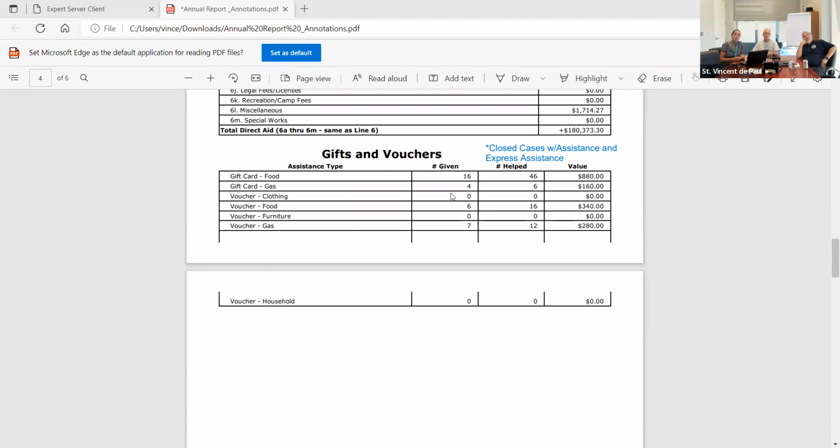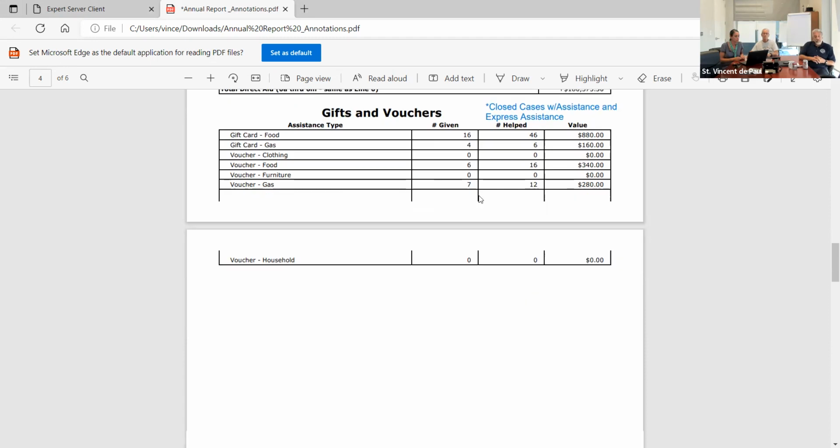The number given would be 1, 2, 3, 4, whatever the number of people helped is, and the total value itself. But to answer the question before, if you gave somebody a voucher, we'll say for $880, that would be accounted for in the assistance visits and services to people and the number helped and that sort of thing. So that's this section right here. Any questions about the gift cards and vouchers section on the report? Nope. Okay, we'll move on.